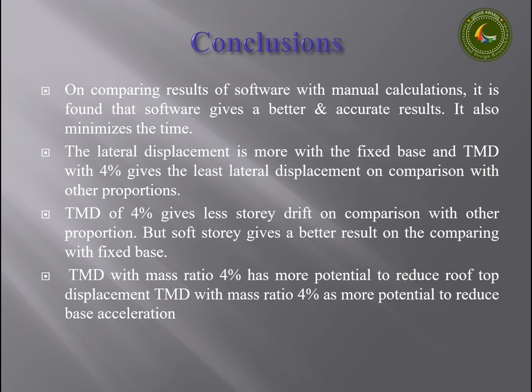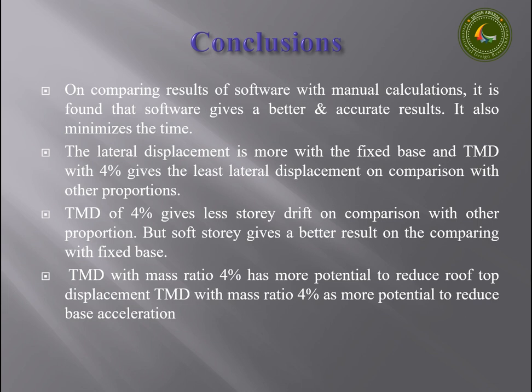Similarly, TMD of 4% gives a lower story drift compared to the other mass ratios. Again, TMD of 4% also reduces the roof displacement occurring at the top floor of the building structure.